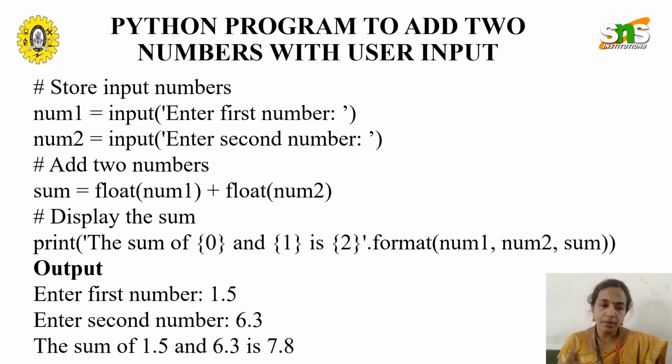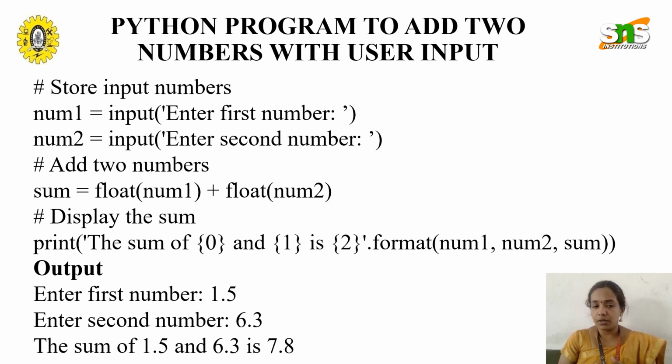Add two numbers is the next step. Sum is equal to float of num1 plus float of num2. Why I have given this float? I'm getting the input in the previous step and I'm inserting the word float function here. So what's the main purpose here?